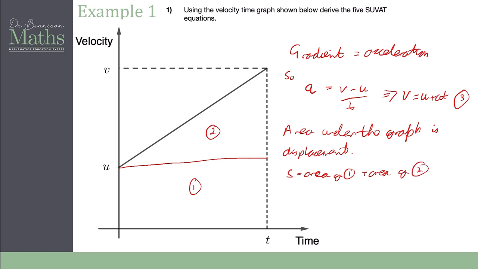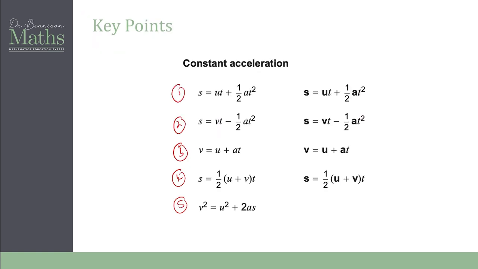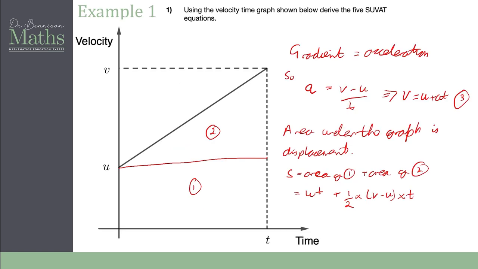Well, the area of 1 is just ut. The area of 2 is a triangle, and it's half the height, which is v minus u, times the base, which is t. But v minus u from equation 3 can be rearranged to be at.